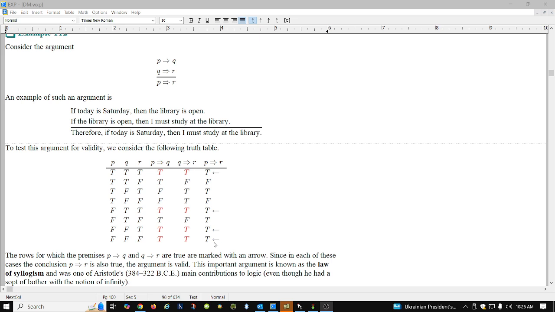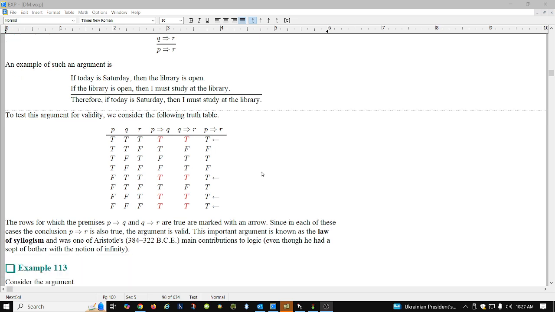So when the hypotheses are true, so is the conclusion. This is a valid argument known as the law of syllogism. And it was one of Aristotle's main contributions to logic, even though he had a little bit of a problem with infinity. He at least got this one right.